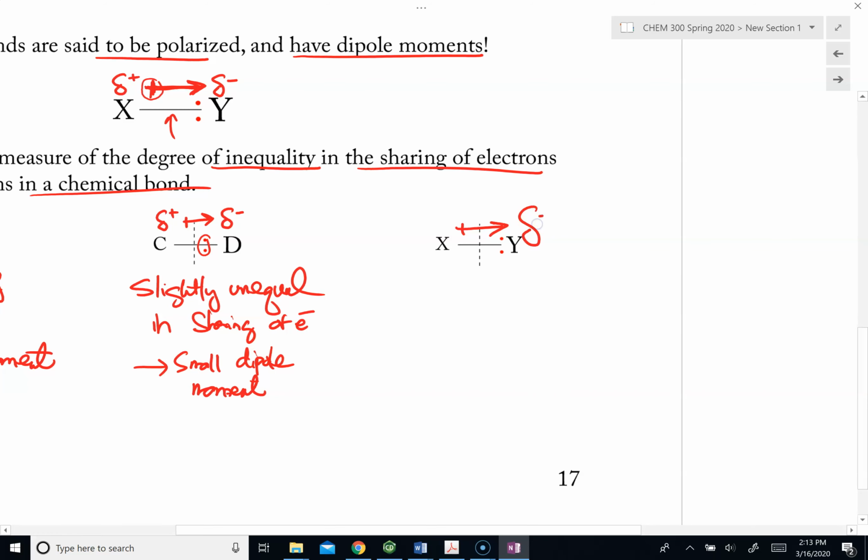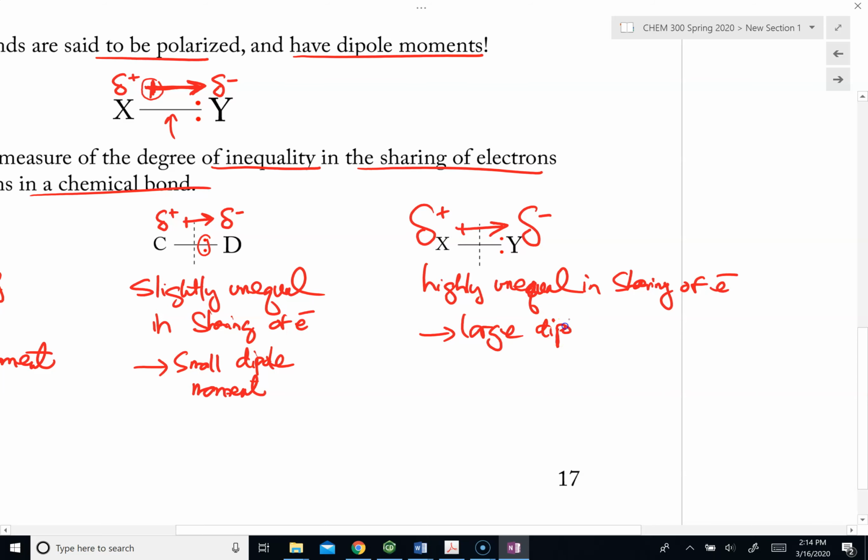Now it would have a much bigger positive and bigger negative sign. So this one is highly unequal in sharing of electron, and therefore there will be a large dipole moment on this bond.